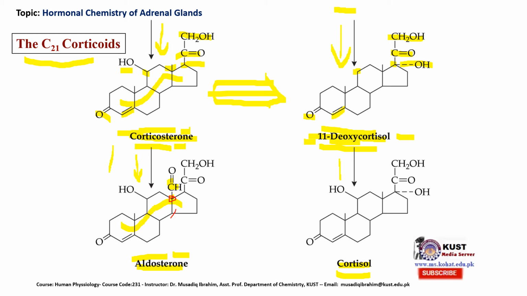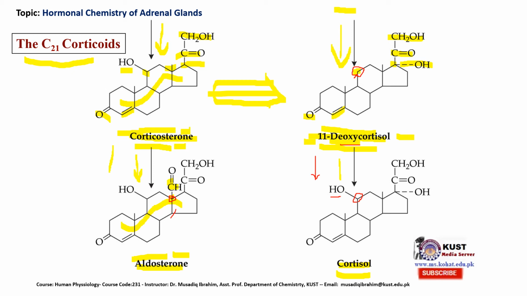Now moving towards the conversion of 11-deoxycortisol to cortisol. If you look closely, the rest of the structure is the same, but at carbon number 11 you have a hydroxyl group present, while in case of 11-deoxycortisol you don't have anything at carbon number 11.